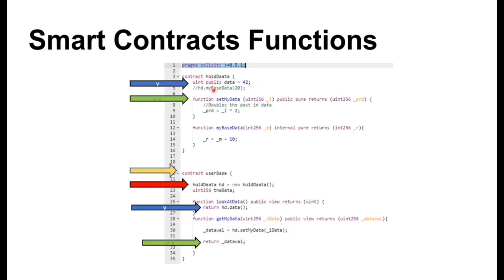Notice here, contract hold data is being called in contract user base, but they're saying that HD is of type hold data, and we are instantiating a new hold data here, which calls in this case the implied constructor. There's obviously no constructor here, so it's running what's called an implied constructor. So now all of the functionality of hold data is available to user base through this HD object.